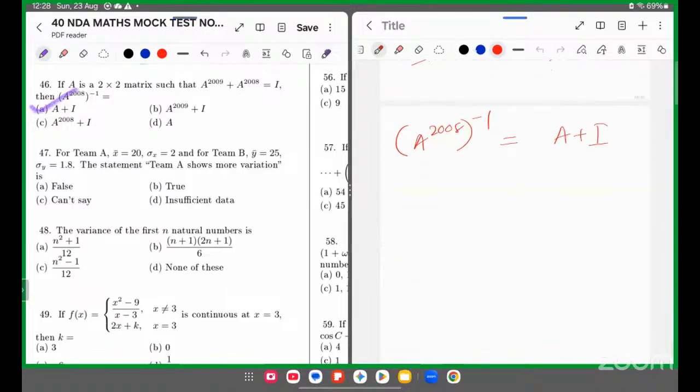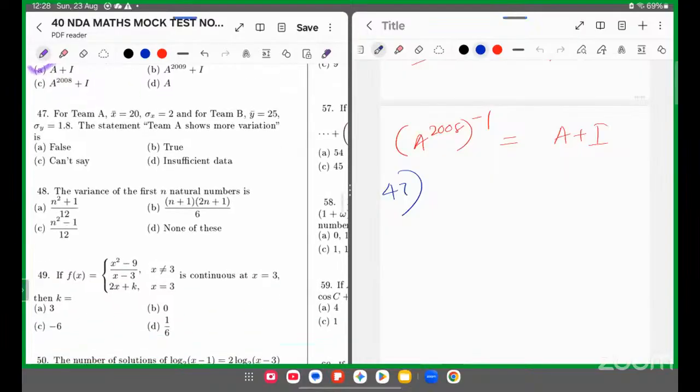Question number 47. For team A, x bar is equal to 20, sigma x is equal to 2, and for team B, y bar is equal to 25, sigma y is equal to 1.8. The statement is team A shows more variation. We use the coefficient of variation.